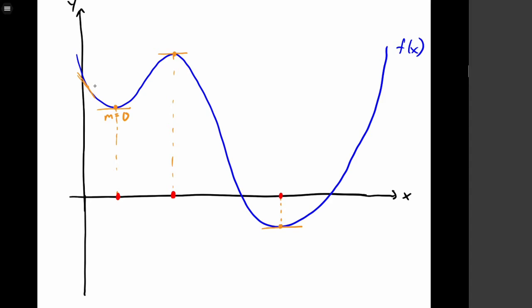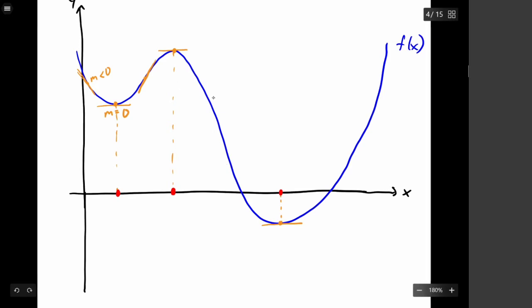Well, hopefully you can see that the slope is less than 0, which means that whatever the derivative is, its value has to be negative. Right here, the tangent line is positive, so the graph has to be above the x-axis. For this whole part here, it's negative.